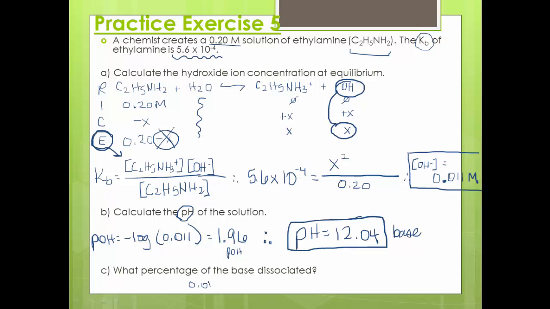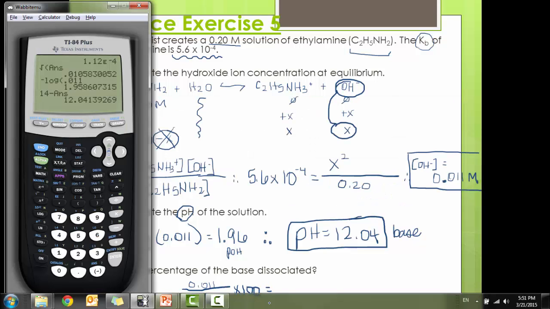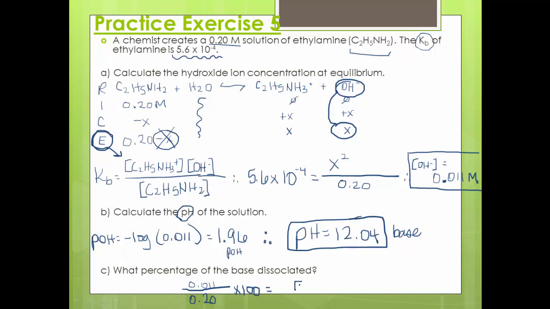So 0.011 divided by 0.20 times 100, 5.5%. That's a little high for a weak base, but it's kind of within reasonable range. We typically say they dissociate less than 5%. Man, that's pretty close. All right, we're going to do one more practice problem.